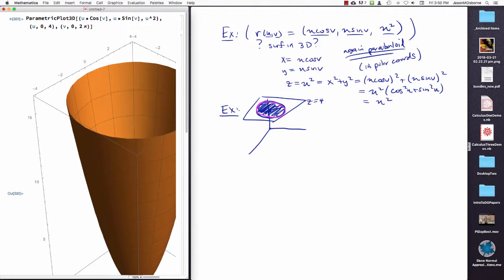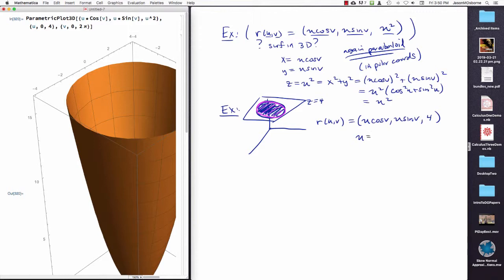So what we want is to describe the whole disk, and that's easily done in these coordinates using parametrizations, because you would say, well, it's a circle, but the z value is always 4.